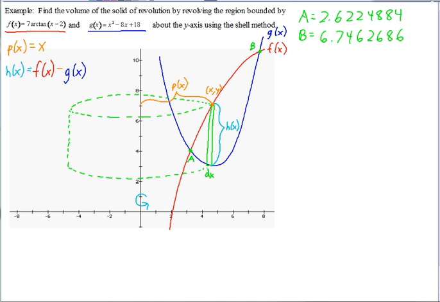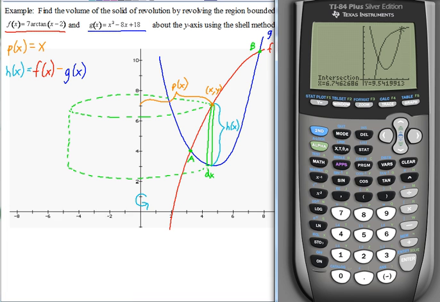And then let's store that in our calculator. So we can quit, store alpha B.